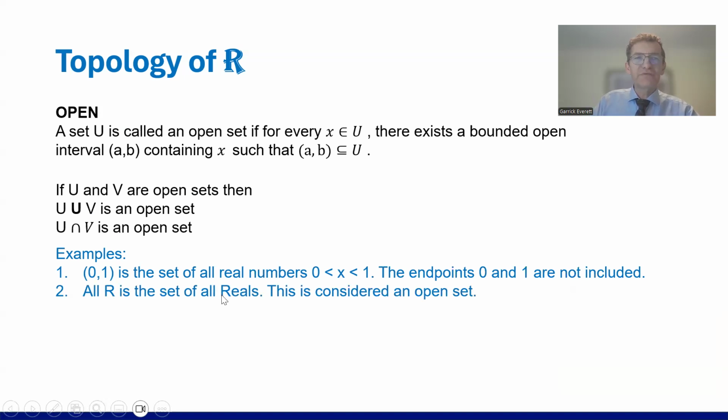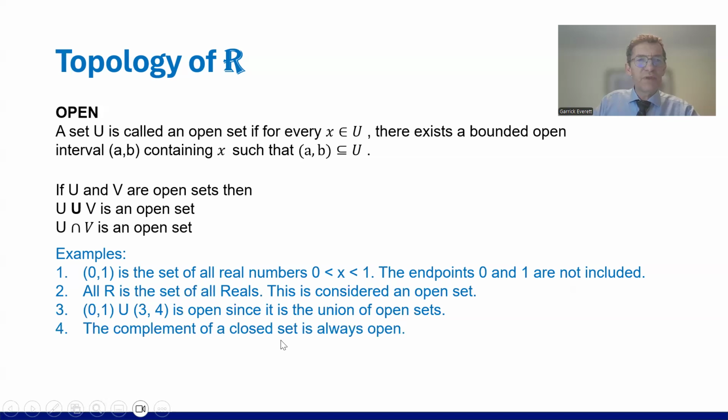The set of all reals is considered an open set. (0, 1) union (3, 4), again with the rounded brackets, is open since it's the union of open sets. The complement of a closed set is always open. Obviously, if it's closed, the opposite of that is open, and vice versa. The empty set is both open and closed, so it's going to appear again when we get to closed sets.